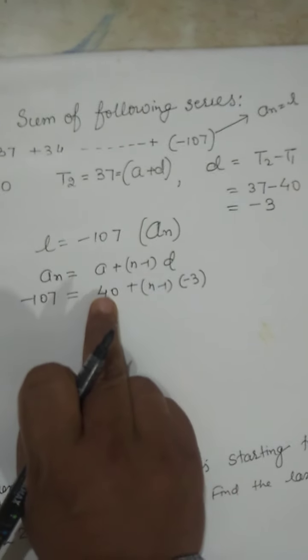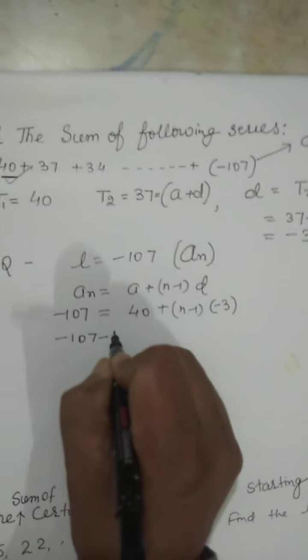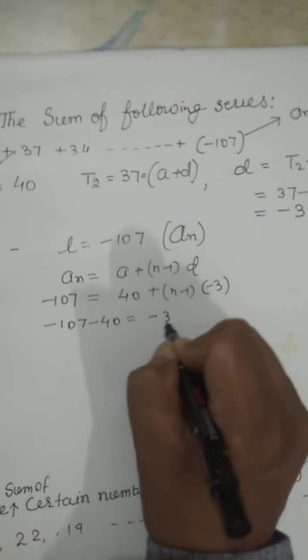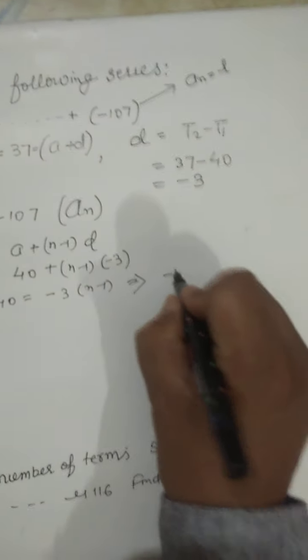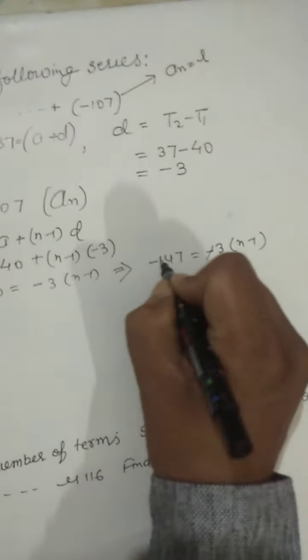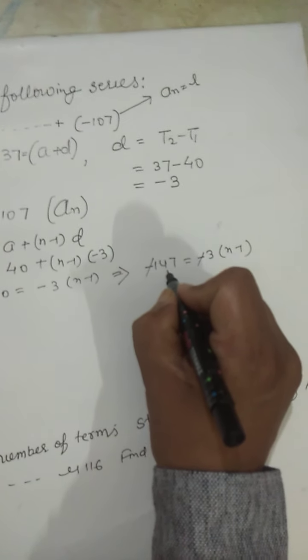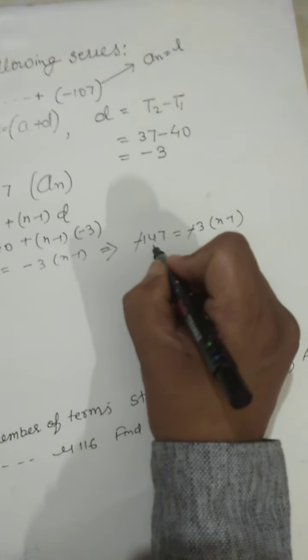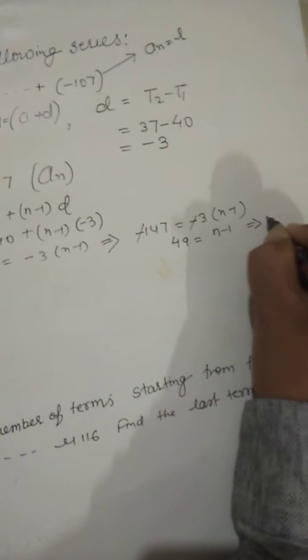I am going to revise this also: when we take a value from LHS to RHS, we change the sign. So minus 107 minus 40 is equal to minus 3 times n minus 1. This implies minus 147 is equal to minus 3 times n minus 1. Minus minus cancel, and 3 4s are 12, 3 4s are 12, 49. So 49 is equal to n minus 1. This implies n is equal to 50.